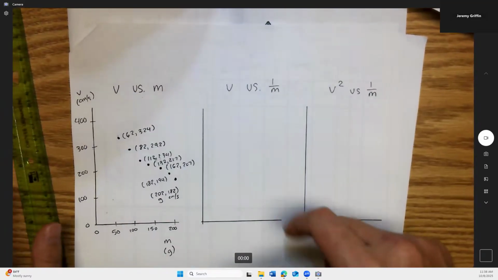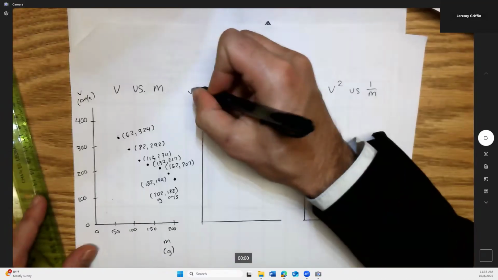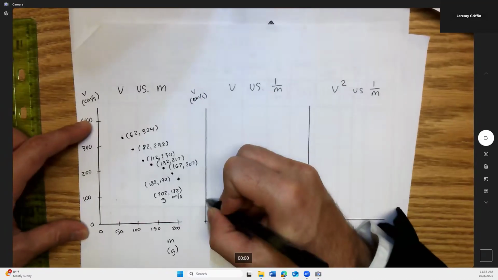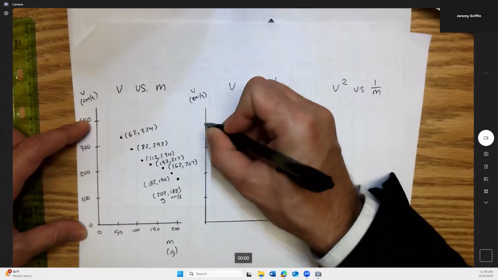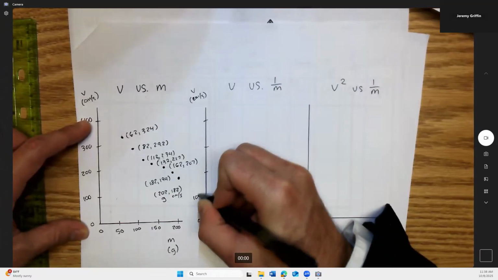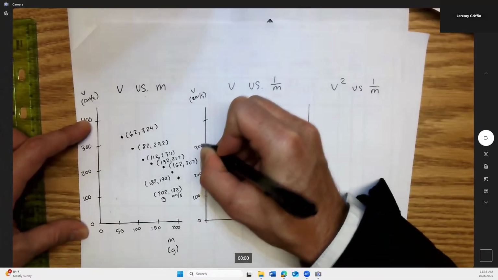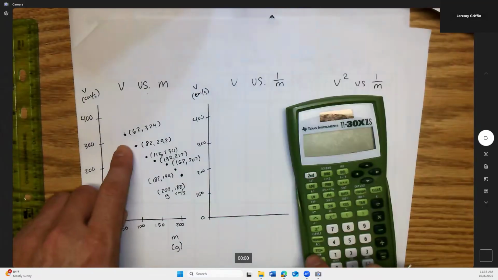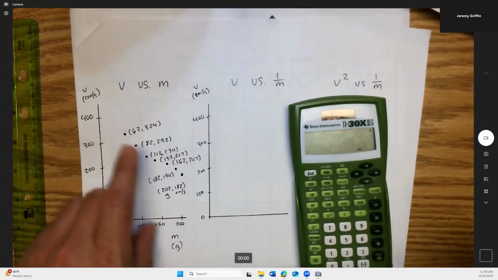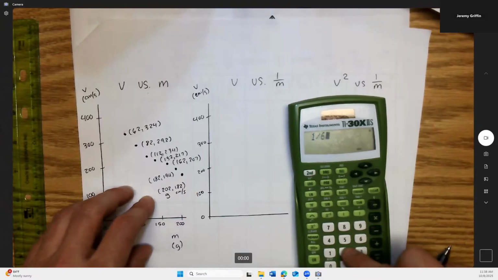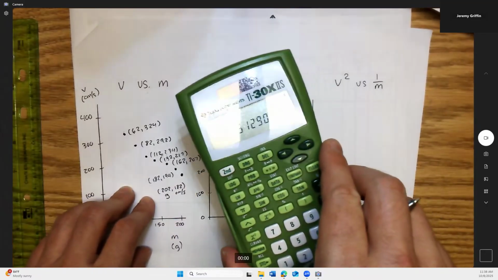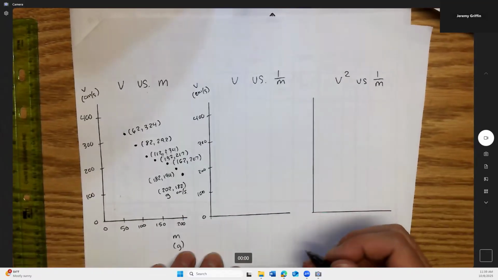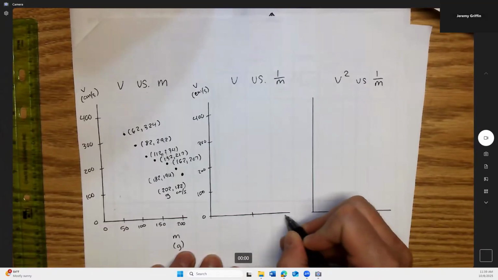This worked out. So I'm going to keep the vertical axis the same. Velocity, centimeters per second. Scales up to 400, just like before. 100, 200, 300, 400. None of that changes. But the 1 over mass, well, my smallest mass here is going to become the largest reciprocal. So let's do 1 over 62. That's like 0.016. Okay. So how about 0.01, 0.02?